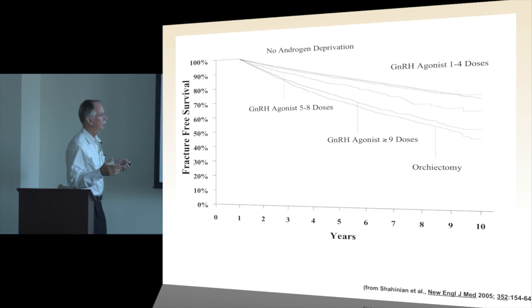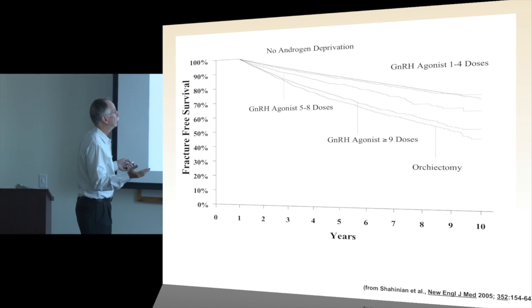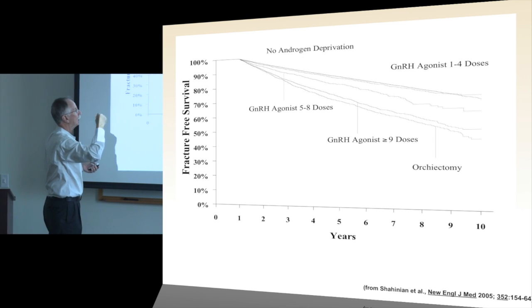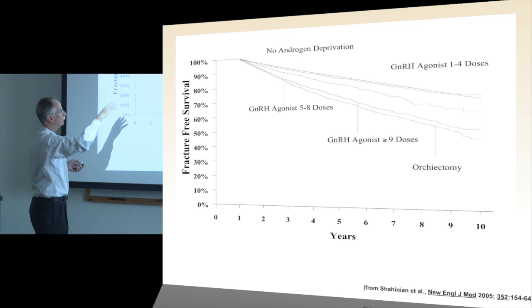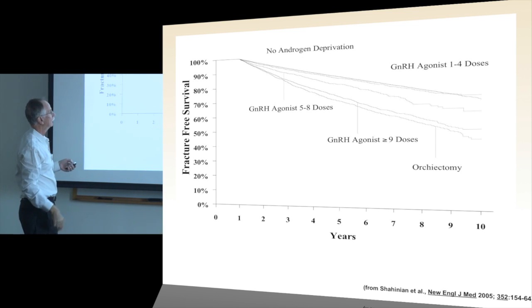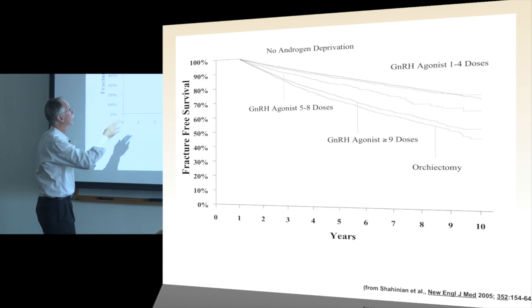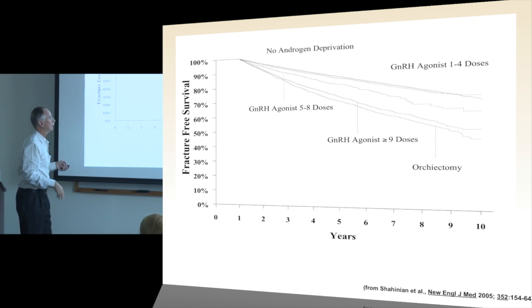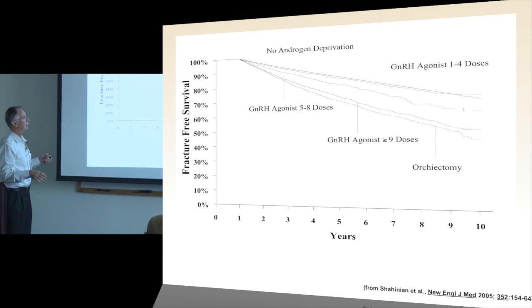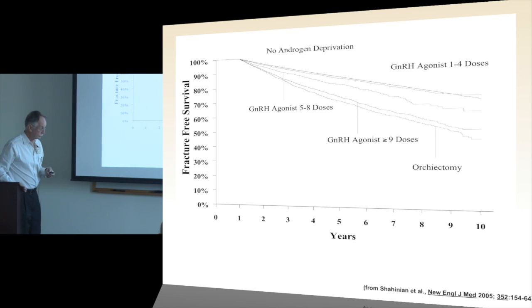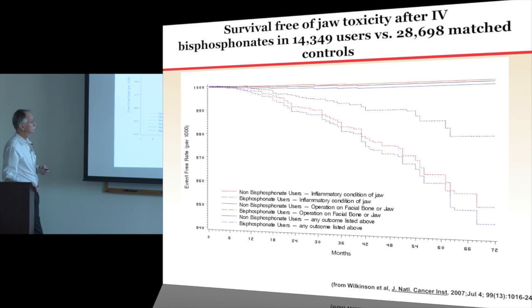This was just a dose response where we followed time free from a fracture and looked at people after diagnosis of prostate cancer. These are, I think, unadjusted, but the adjusted was essentially the same. And it showed a nice dose response: people who didn't get GnRH agonists, but then with increasing doses, they had increasing risk of fracture going forward.